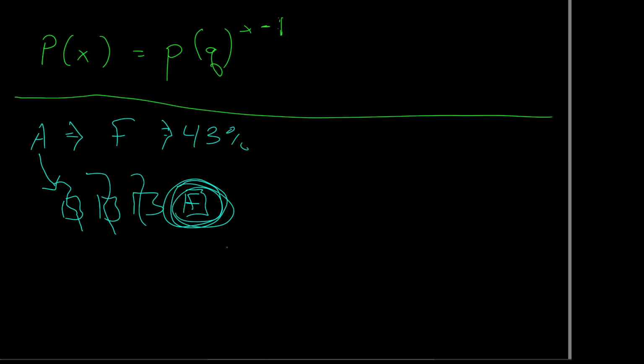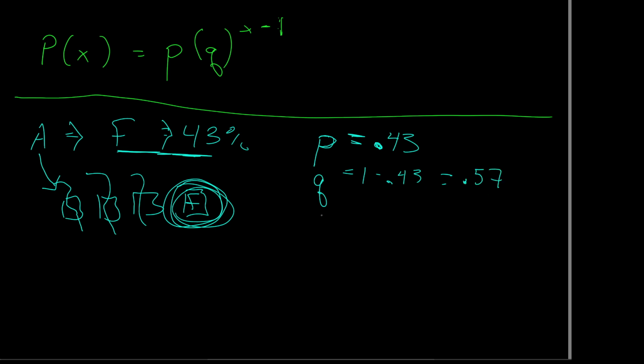But in this case, our success is the failure. Isn't that weird? Our success is the failure, right? Our experiment is going to yield a result when a phone fails. So I'll put 0.43. And that means our Q variable is going to be 1 minus 0.43, because it's the complementary space to that, and so that's going to be 0.57.